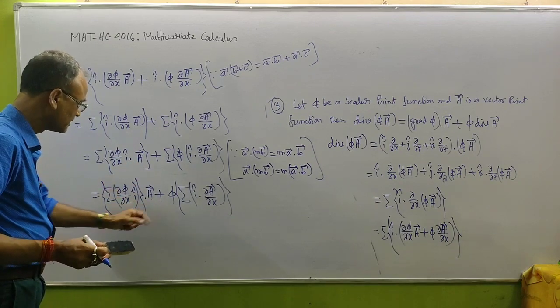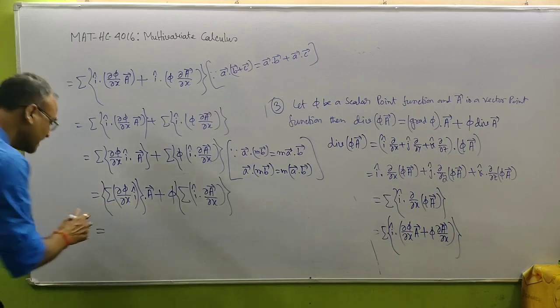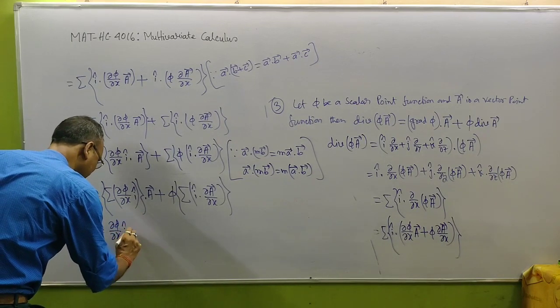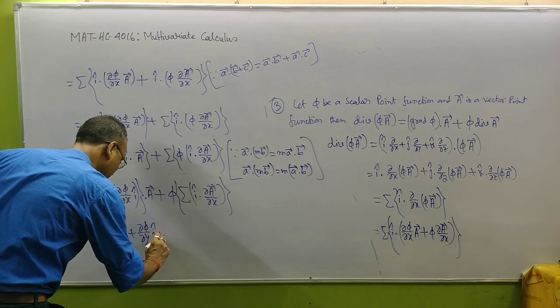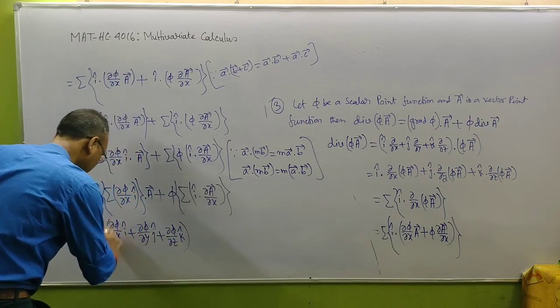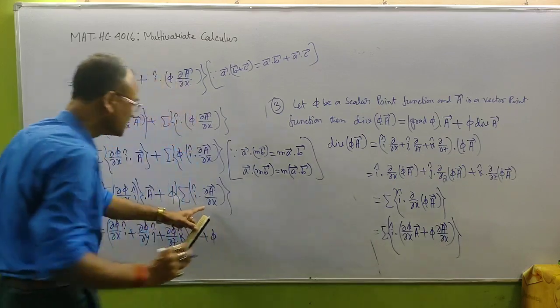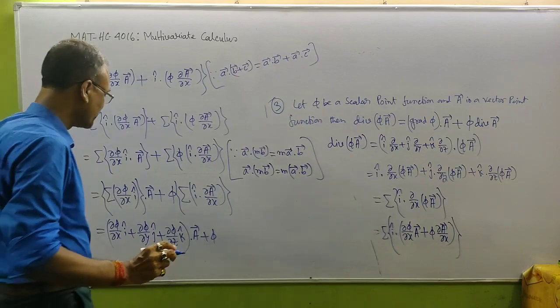Therefore, you may write like this. What is this? It is nothing but ∂phi/∂x i cap plus ∂phi/∂y j cap plus ∂phi/∂z k cap, dot A vector, plus phi. What is this? It is divergence of A vector.